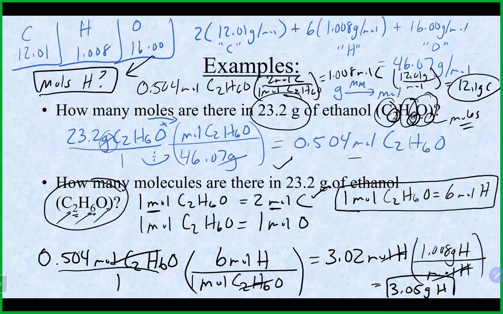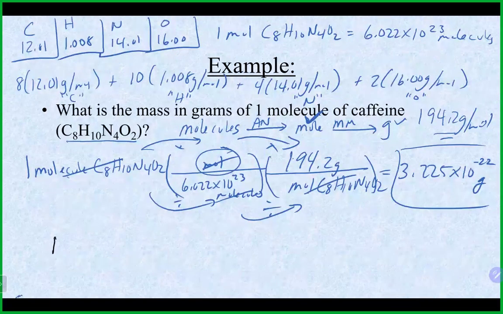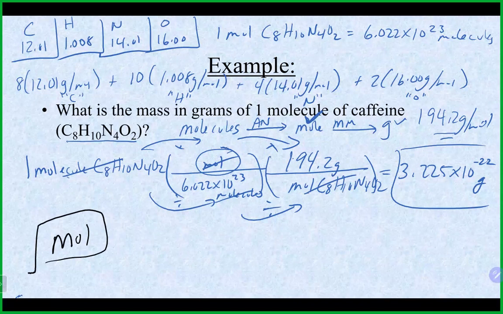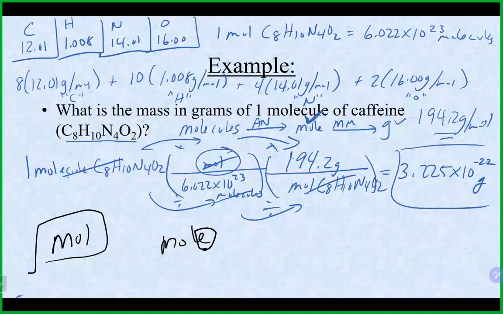They are not the same thing. And that is a super common error that people make. Like I was saying earlier, when people see this abbreviation for moles, they automatically think molecules because it looks like it would logically be the abbreviation for molecules, but it is the abbreviation for moles. They had to cut something out, so they cut the E out. That's why I said earlier, in chemistry for the most part, if they want you to do something with molecules, they will actually write out the word molecules.